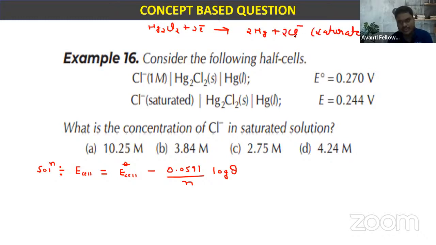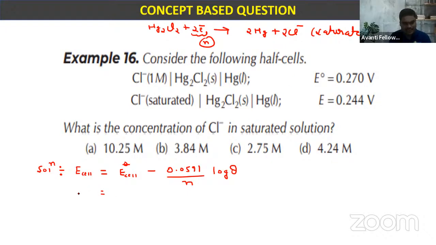So here we can say that n is 2. What is Q? Q is equal to the concentration of the product upon reactant. On the reactant side, we won't have any ions, right? So only on the product side we have 2 Cl negative.